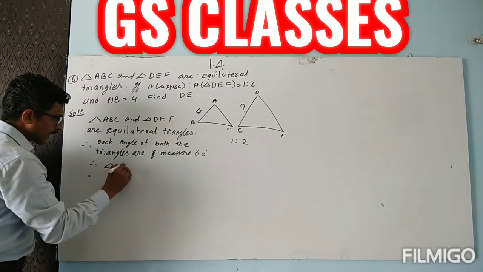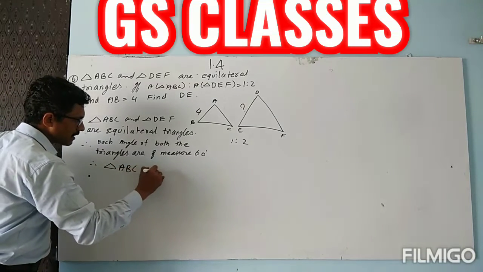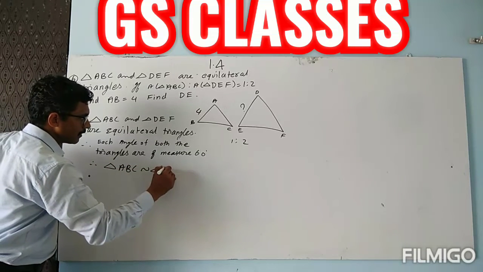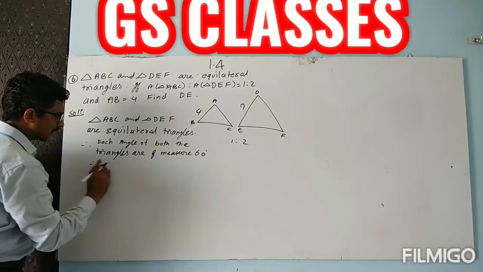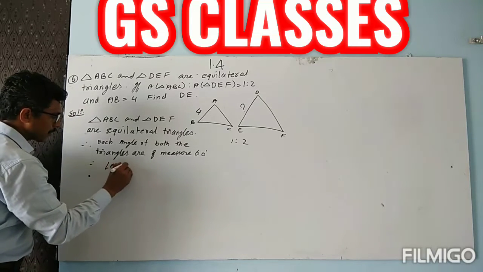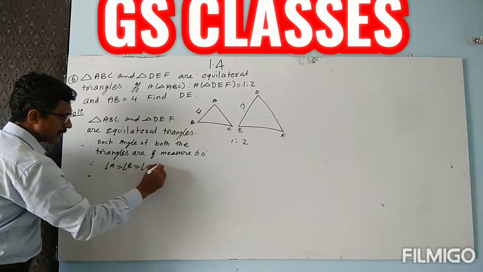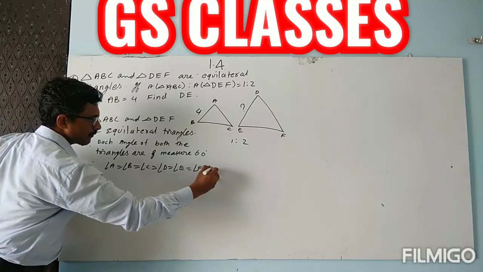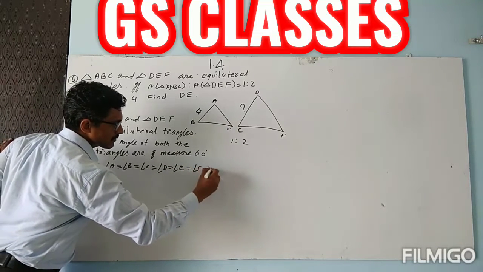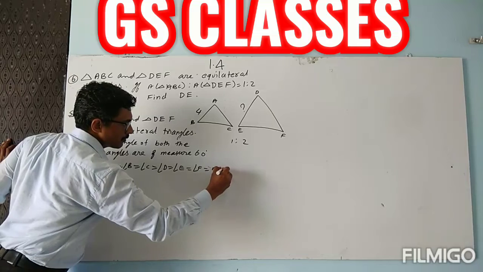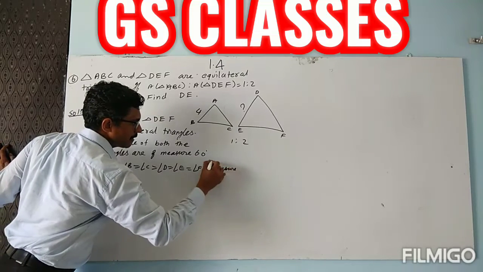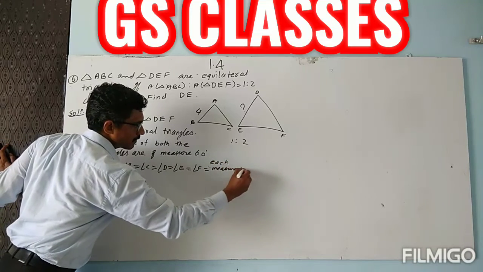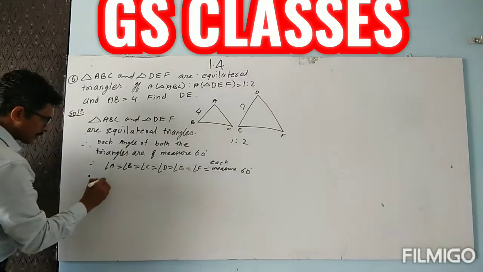So, triangle ABC is similar to triangle DEF. But before that, let's write angle A equals angle B equals angle C equals angle D equals angle E equals angle F, each measure 60 degree.